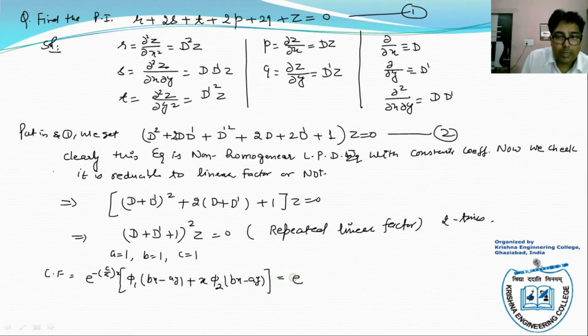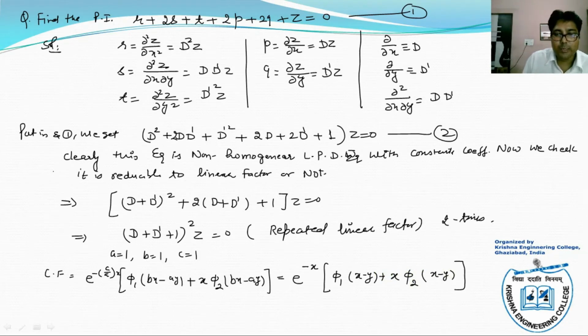Put the value of a, b and c, the corresponding equation that we get is e to the power minus x, phi 1 x minus y, plus x phi 2 x minus y. Clear? This is the CF, and PI in this equation is equal to 0. Complete solution, z is equal to CF plus PI, right? Clear?